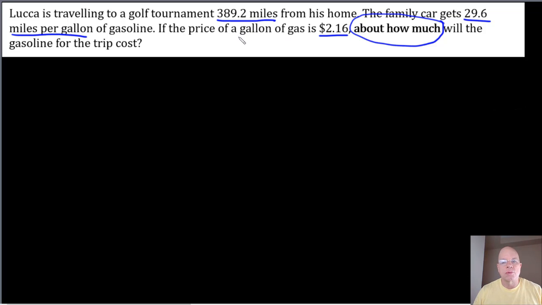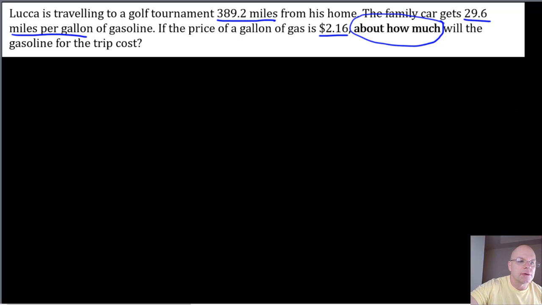First thing we need to figure out is how do we set up the expression to figure out how many gallons of gas we need. If you go 29 6/10 miles for every gallon of gas, you're essentially trying to figure out how many 29 6/10 miles are in 389 2/10 miles. But let me show you that.